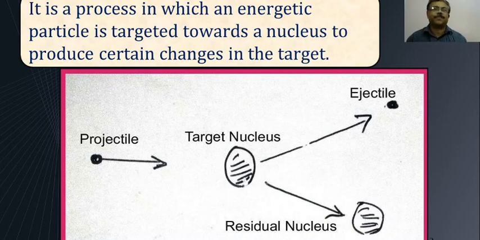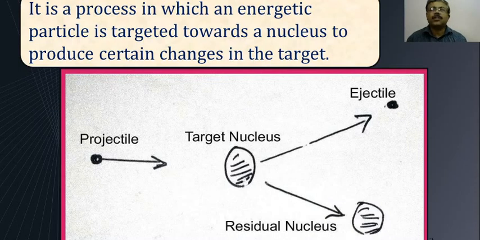in the target. You can see in the diagram a particle being aimed at a target nucleus, and after some time you can see the residual nucleus moving along a specific direction, leaving aside an ejectile, or a particle which is coming out of the nuclear reaction.